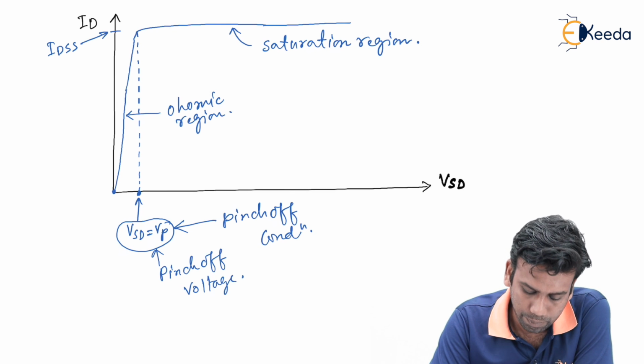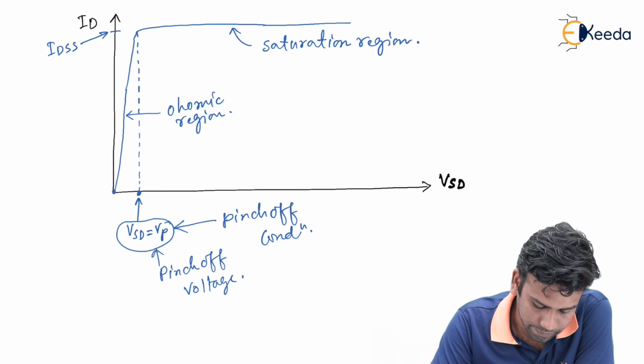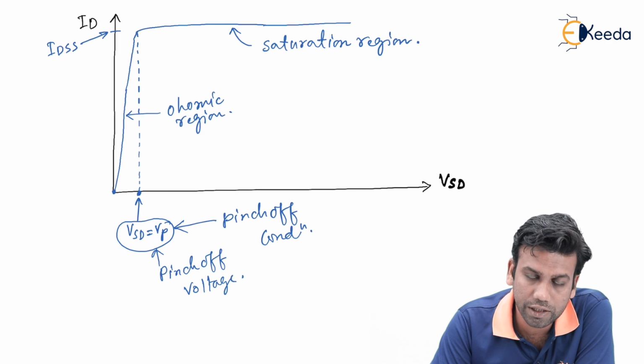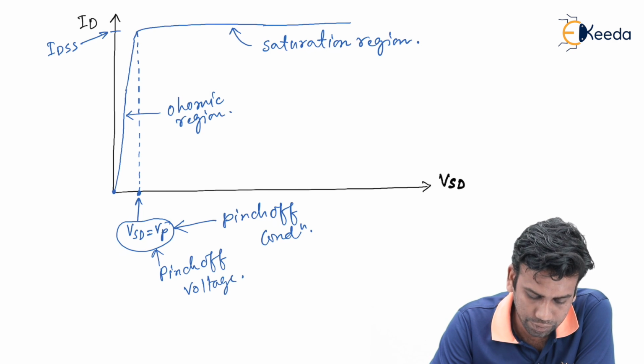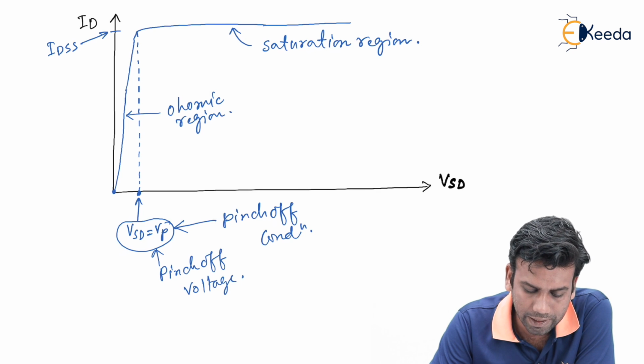That is, pinch off condition will be defined by the statement like this: if VSD is equal to pinch off voltage, then the depletion region will be widened to an extent such that they will touch each other, so that the channel cross section will be very small and the ID current will get saturated.